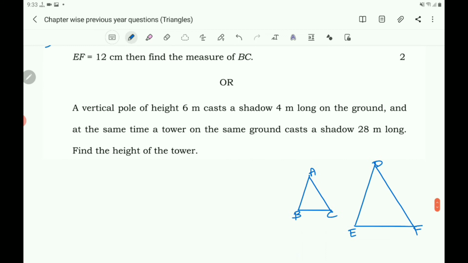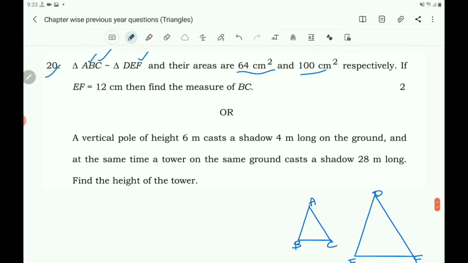Now it is better to take a rough sketch and here take the triangle ABC and triangle DEF which are similar to each other and their areas are given.